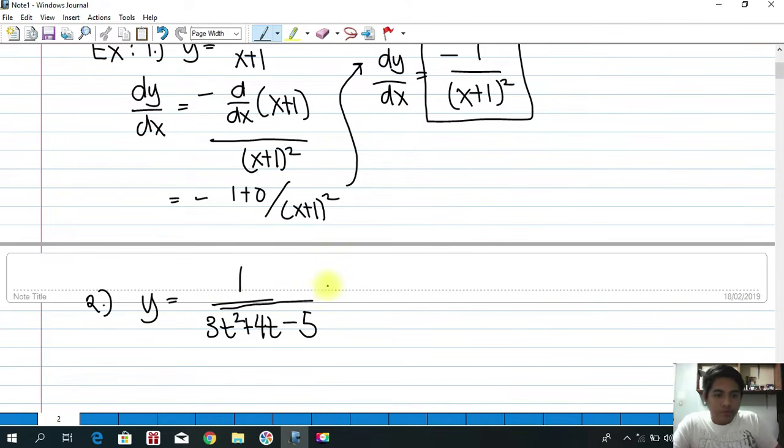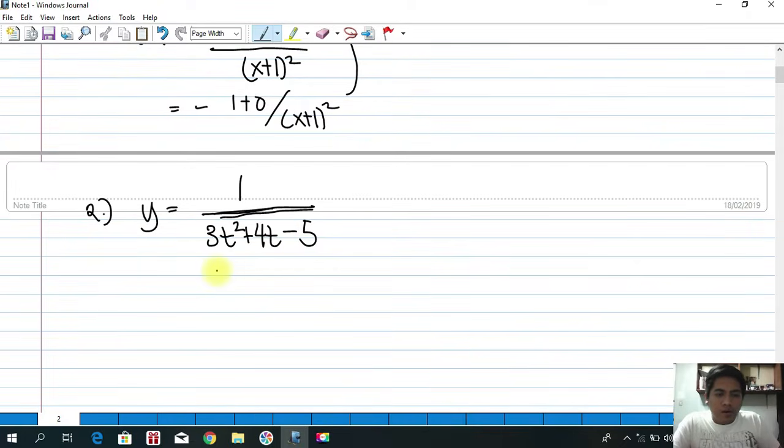So this is again an example of a function that is in terms of reciprocal. So in this case, our v is equal to 3t squared plus 4t minus 5.